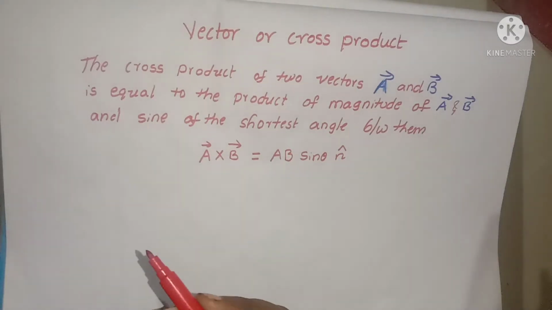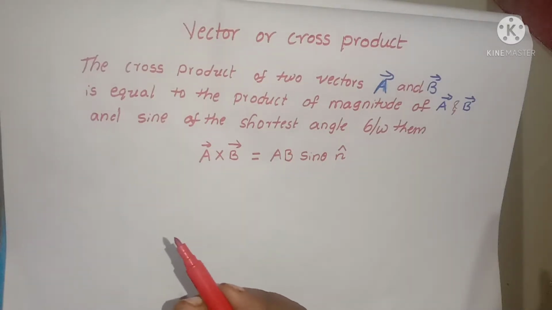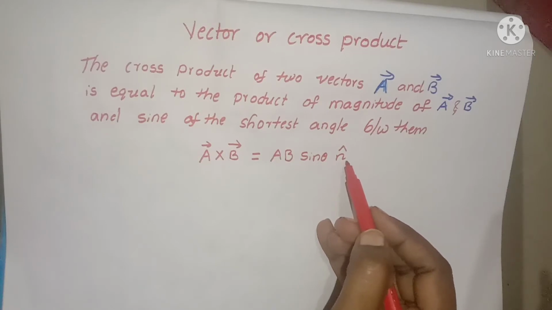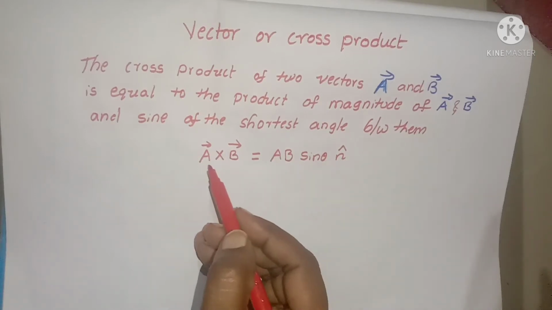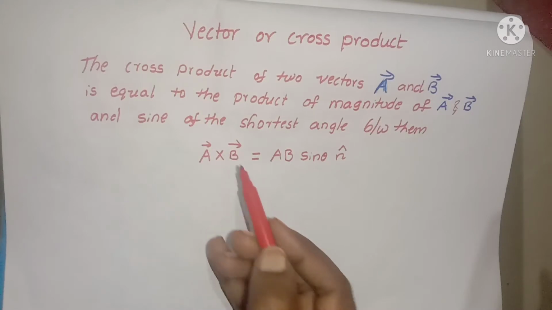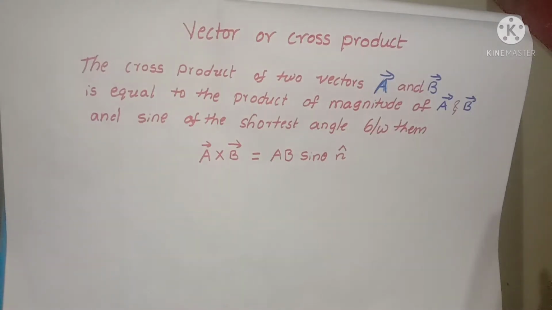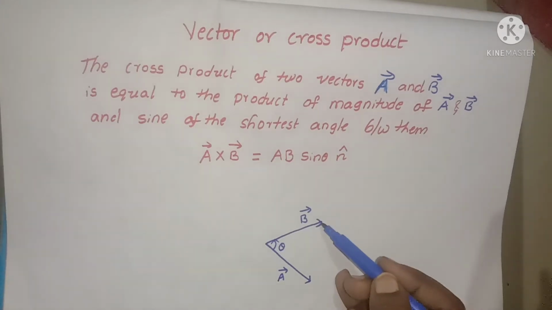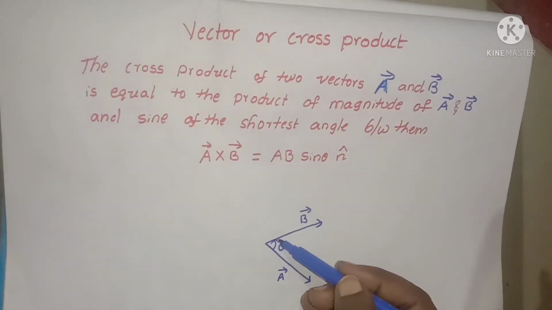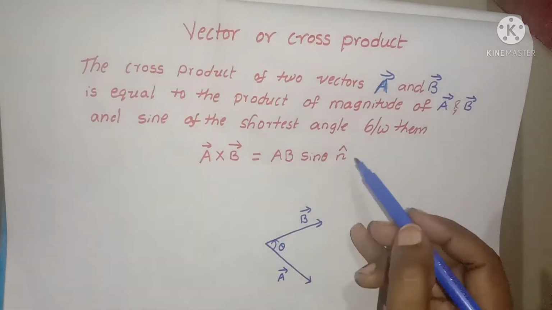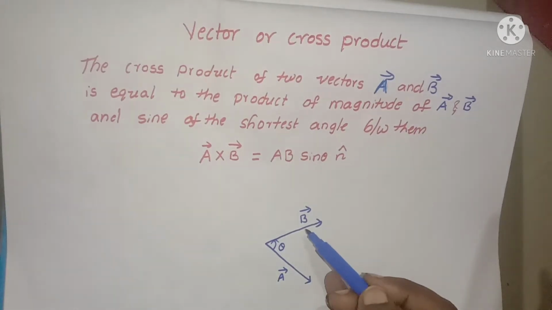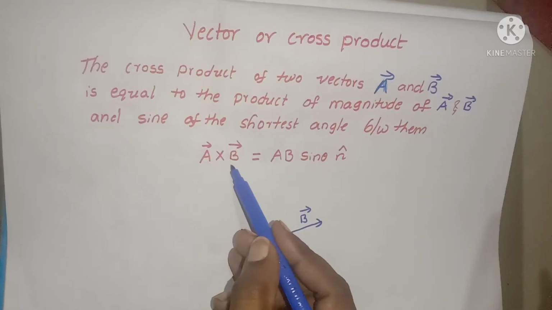Next we can see that n cap is the unit vector which represents the direction of a bar cross b bar. Let us see here, this is the a vector and this is the b vector. The angle between these two is theta. So this n represents the direction of a cross b.